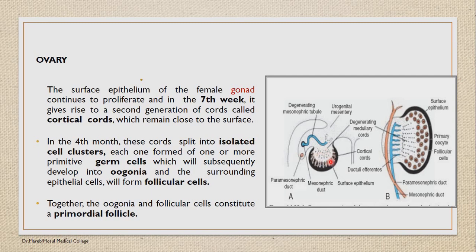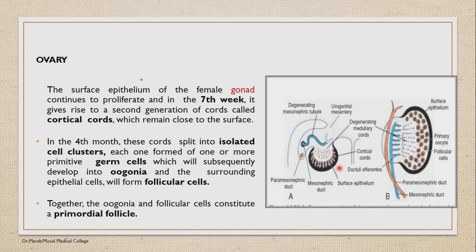In the 4th month, these cords start to split into isolated cell clusters, and each cluster is formed of one or more primitive germ cells, which will later develop into oogonia, and the surrounding epithelial cells will form the follicular cells. Together, the oogonia and the follicular cells constitute the primordial follicle.